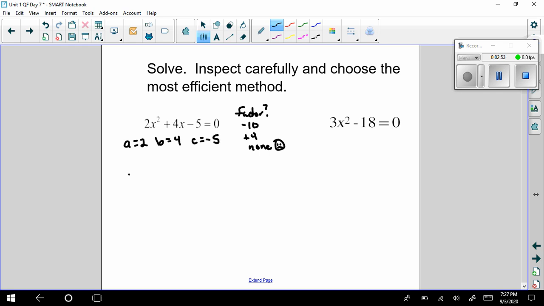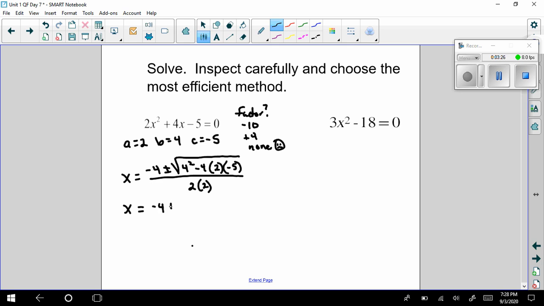So plugging these into the quadratic formula, we have x equals the opposite of b plus or minus the square root of b squared minus 4 times a times c, all over 2 times a. So these values are not difficult enough to plug into your calculator. So we're going to do these by hand.